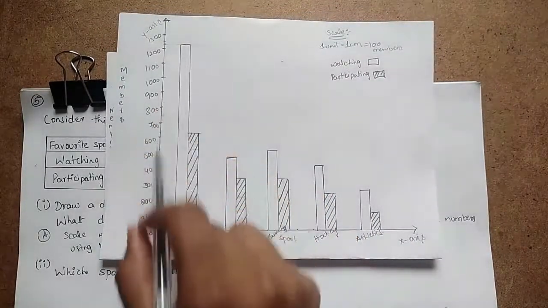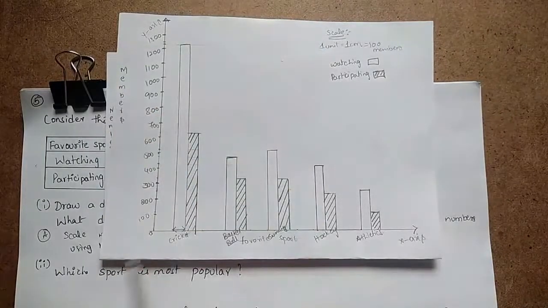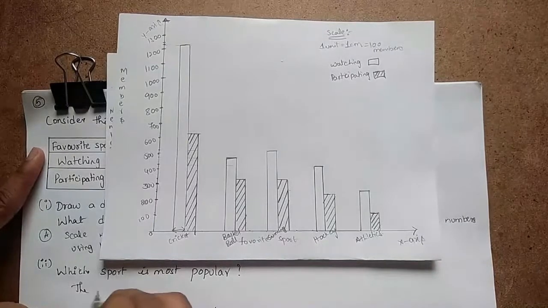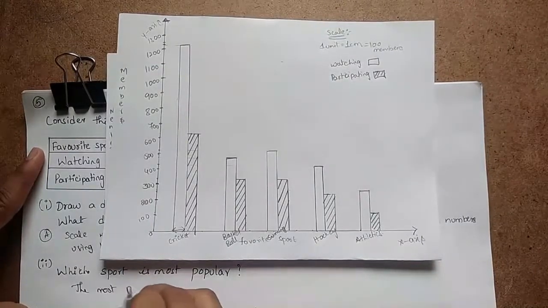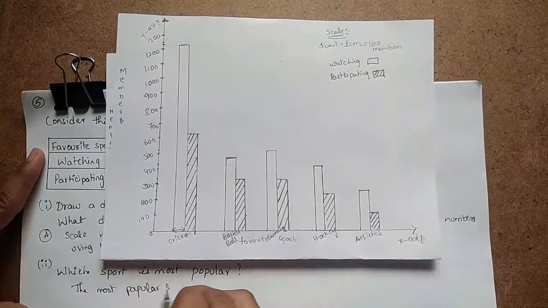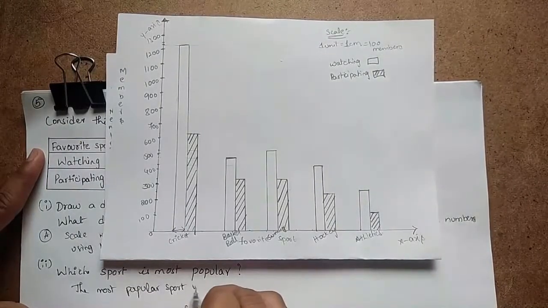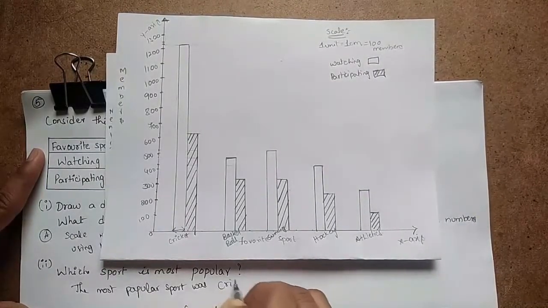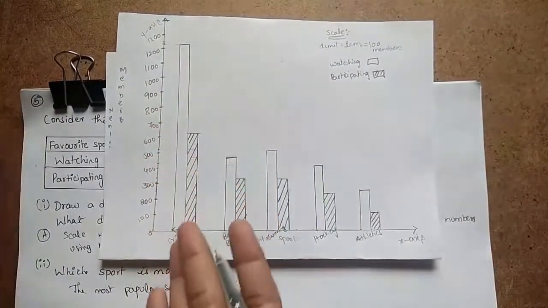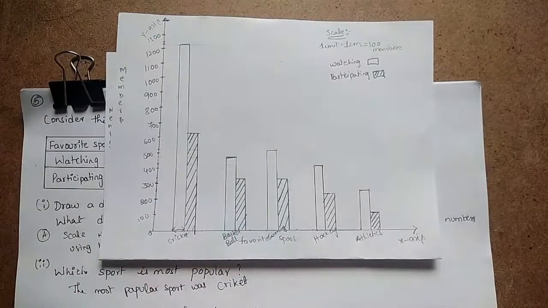The highest bar in the graph is nothing but cricket. So the most popular sport was cricket. The graph itself tells it was the highest, the height of the collection of data. So this was the popular one.